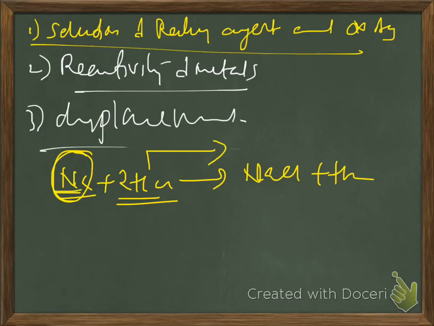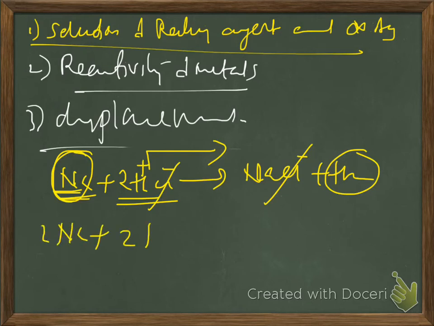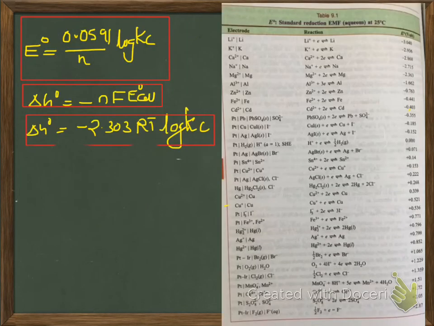Common ions are Cl minus on both sides, which can be cancelled. Actually the reaction is 2Na plus 2H plus gives 2Na plus plus H2. Why does it happen? In the electrochemical series, sodium is at the top and hydrogen is at the bottom. So the metal at the top can displace hydrogen.